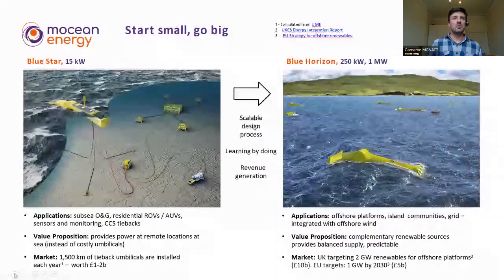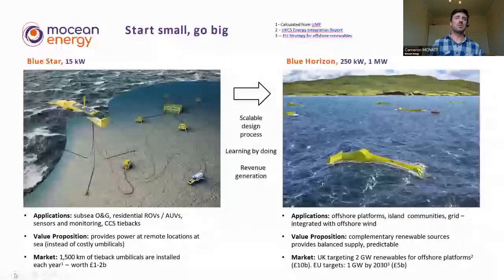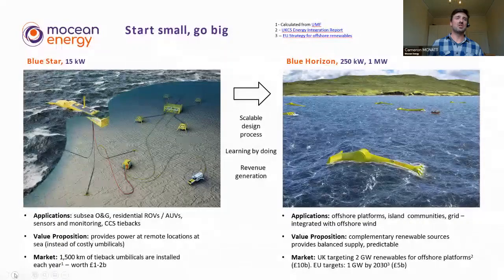But overall, I would characterize our strategy as start small, go big. So I've already talked about the applications for Blue Star, and the value proposition is really just that we're providing power in remote locations where it's really difficult to get power and very expensive. Some of these are often called niche markets, but really they're pretty big markets.